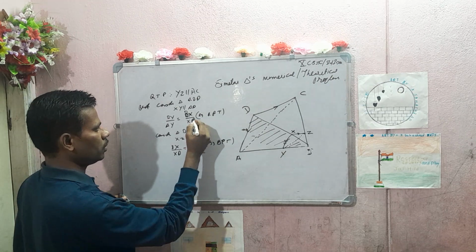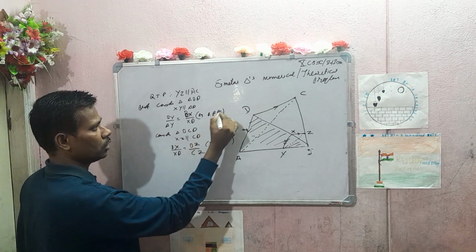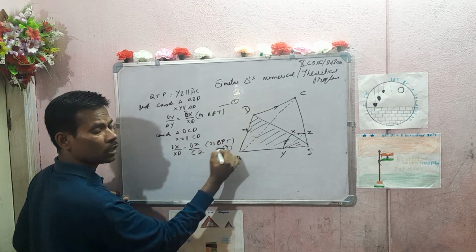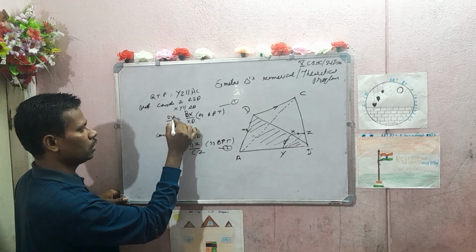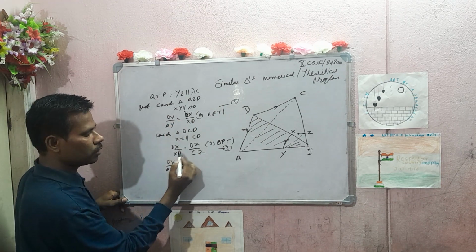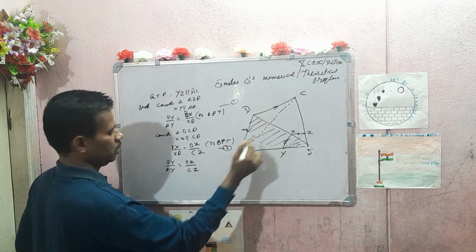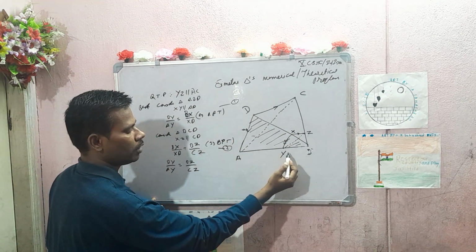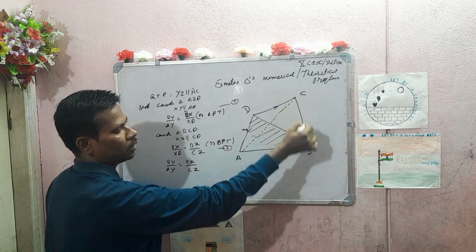Next, combine these two. Mark this as 1 and this as 2. BY by AY is equal to BX by XD, and BX by XD is equal to BZ by CZ.